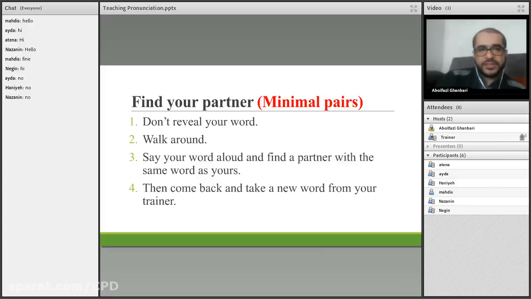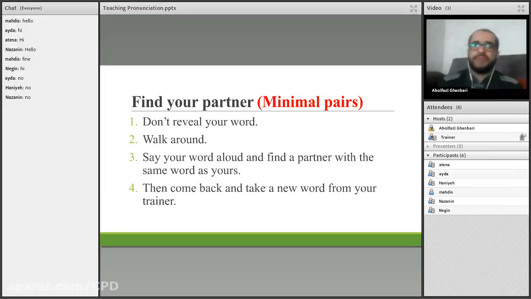So, vocabulary is like pat and mat, cat and mat. Just there is one different sound in them. We call them minimal pair.